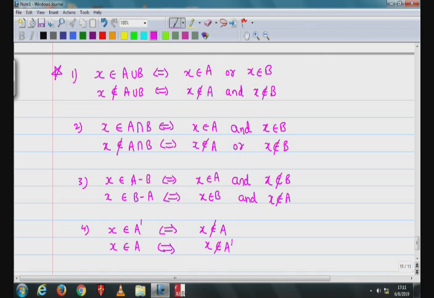Both are the same thing, so you can write it in one point also. These are the things we have studied so far. With the help of these things, we will prove some of the laws of algebra.